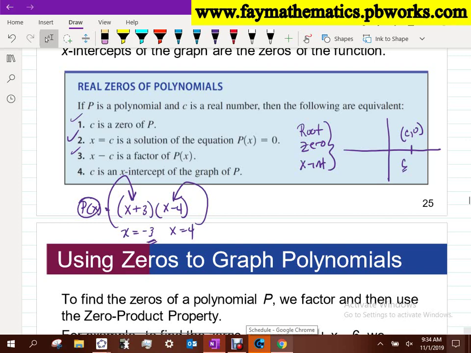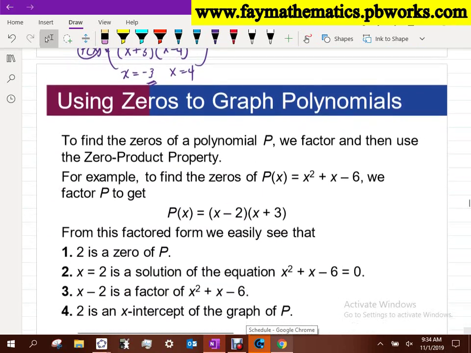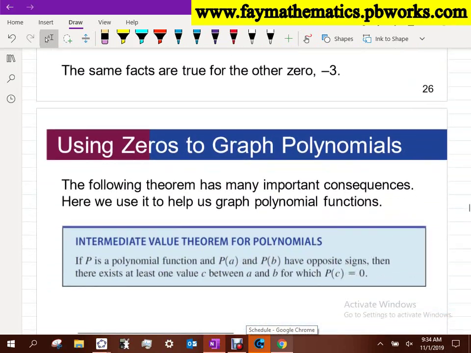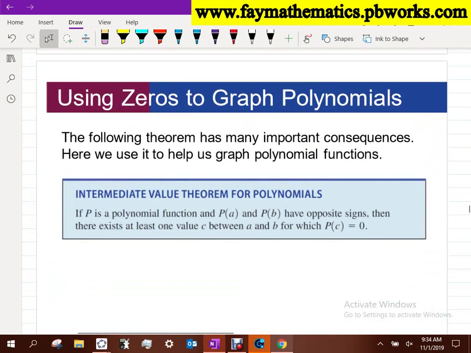All right. I'm going to skip a little bit down. We don't need to write that down. We should probably talk about this concept. It's called the intermediate value theorem for polynomials. So it says for polynomials. So what will I always be working with here? Polynomials. So when I read this statement, I need to know in the back of my mind, what are the properties of polynomials?